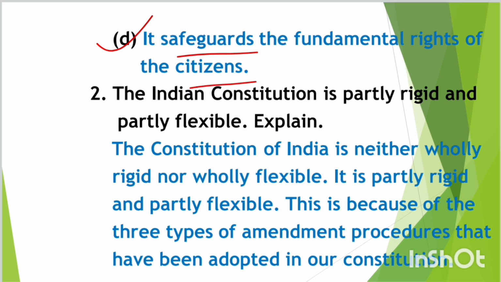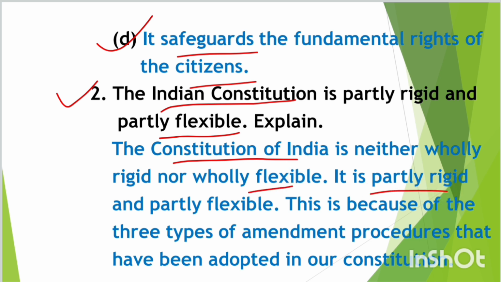The next question, question number 2: The Indian Constitution is partially rigid and partially flexible. Explain. Answer: The Constitution of India is neither wholly rigid nor wholly flexible. It is partially rigid and partially flexible. This is because of the three types of amendment procedures that have been adopted in our Constitution.